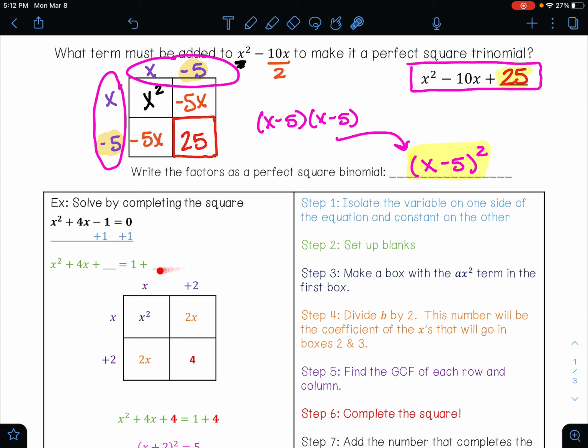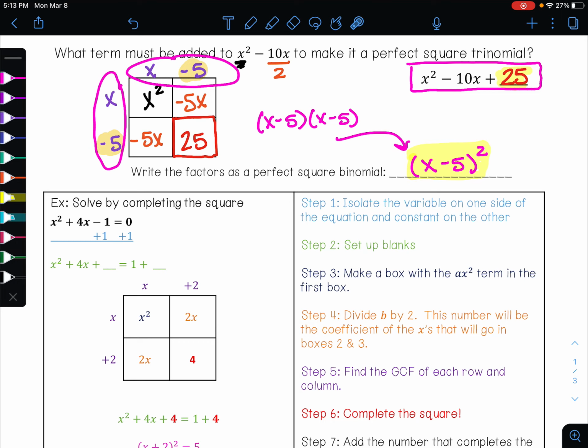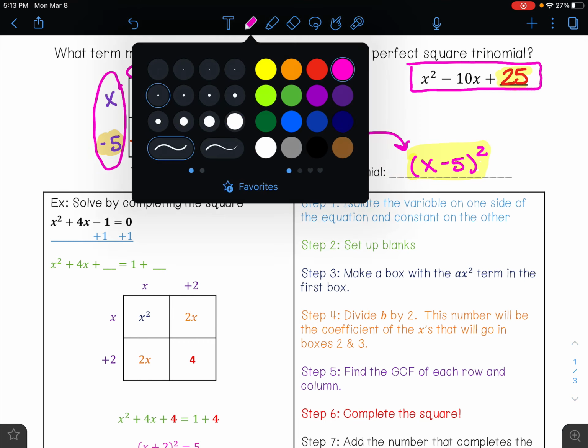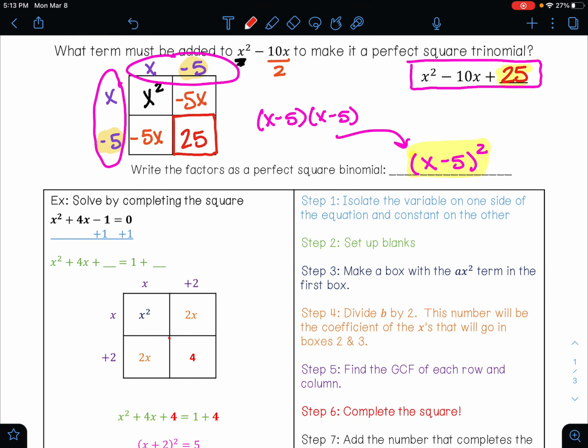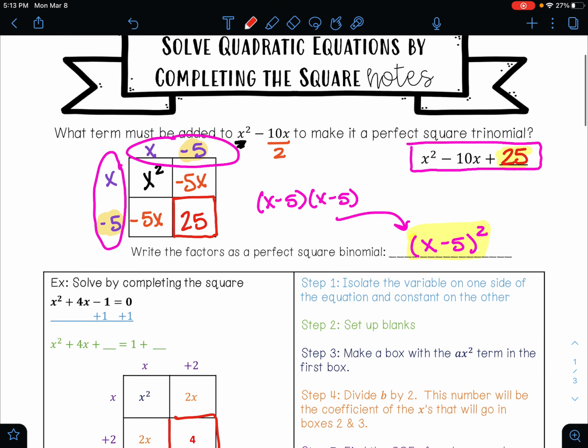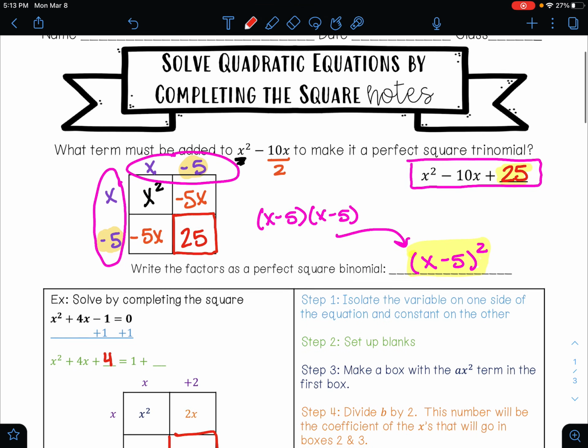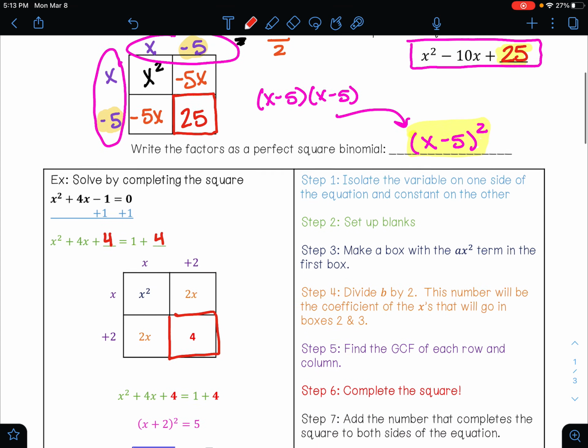And then you'll see this box here of the process of completing the square, just like how we learned on this first example. In this problem, when you complete the square, they got 4. So you're going to add 4 to both sides of the equation.